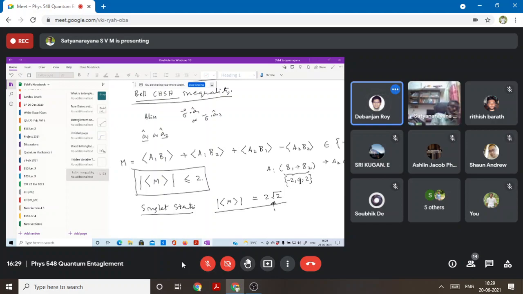So what I'm saying is that if you look at the correlation with respect to one of these pairs, a1 b1 or a1 b2 or a2 b1, then it is fine. But when you add them up, then it will get added, no? Yes, it will be added. But is it the correlation function or something else?